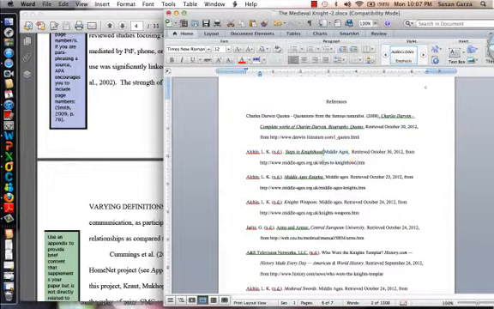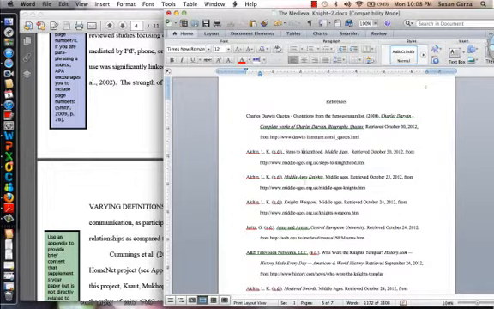And I think the mistake is that this should not be italicized because this is the smaller. It looks to me that these are the pages and this is the name of the website. So I'm going to italicize that. Yeah, and see if you look here in the URL. So that's the problem.